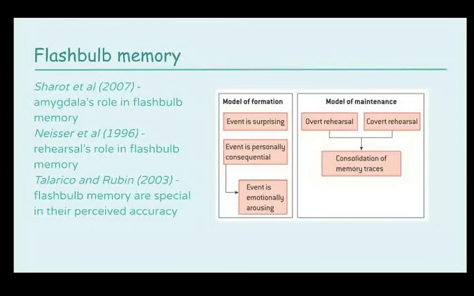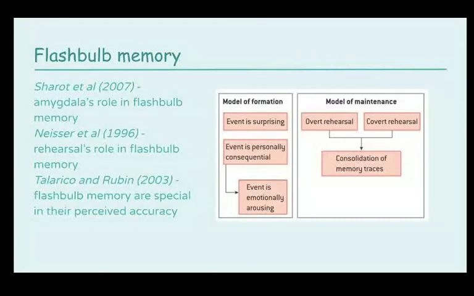As we can see from the previous multi-store memory model, a way to strengthen our memory would be by rehearsing and continuously rehearsing. And Neisser et al. 1996 proved that rehearsing is actually somewhat important in flashbulb memory in helping to preserve the memory's details and the memory's accuracy.